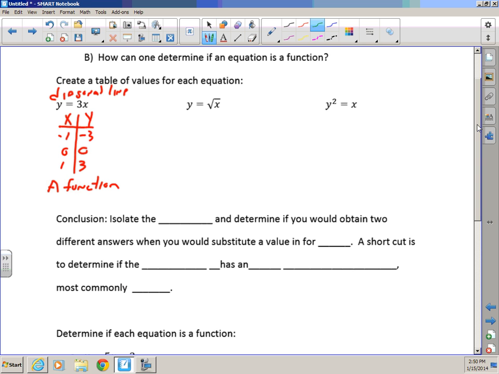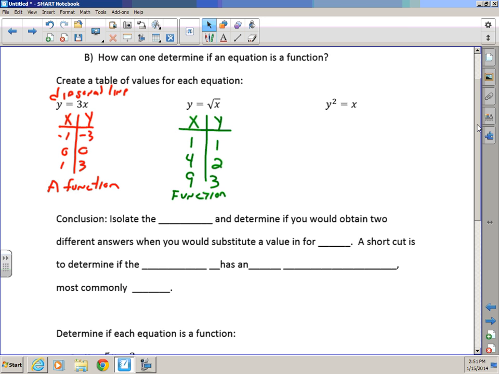Now, if I make a little table here, if x is 1, y is 1. If x is 4, y is 2. If x is 9, y is 3. So no matter what I put in for x, I'm only going to get one answer for y. So this is also a function.